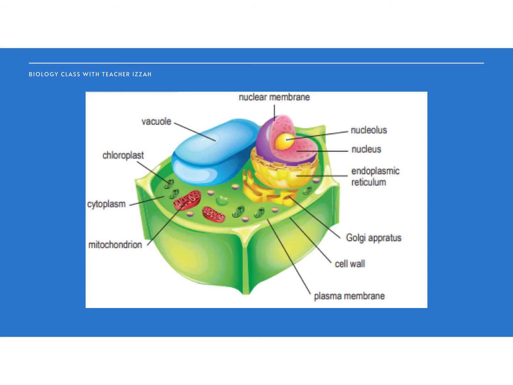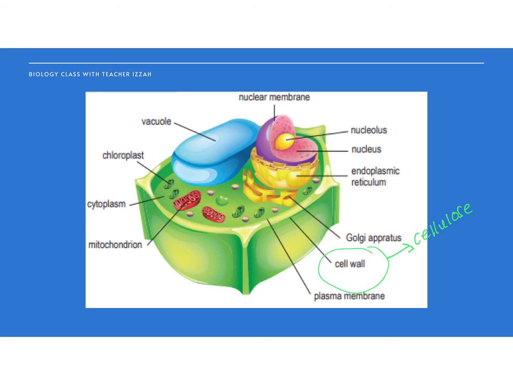So the first part that is different is the cell wall. The cell wall of the plant cell is made of cellulose. Cellulose is a complex carbohydrate.